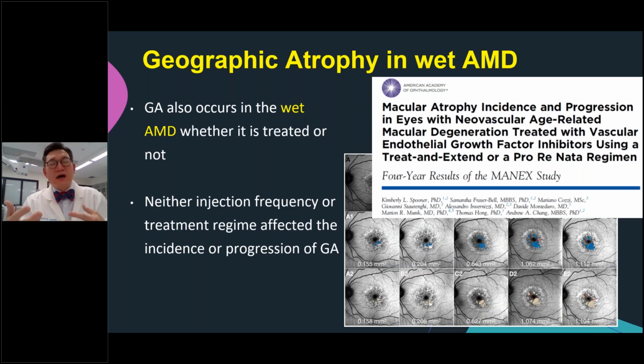Some of you who are having injections might feel that the vision is just getting a little bit worse also, and your treating doctors will be saying, you have a little bit of dry macular degeneration as well. We know that that occurs. We know that often the two come together, and even though we keep the wet macular degeneration under control, the dry gets worse.